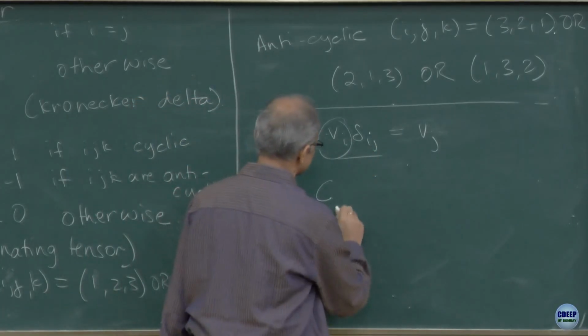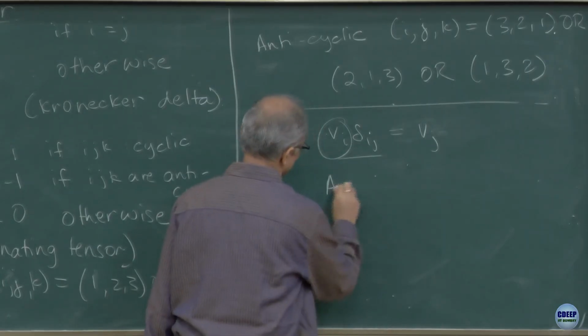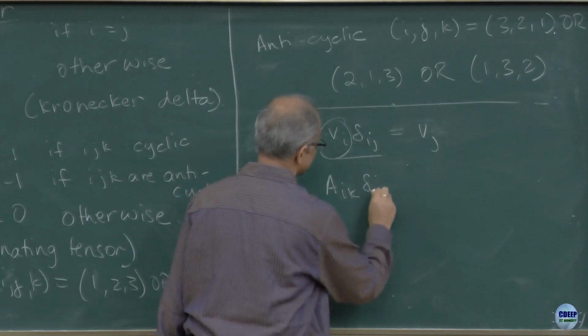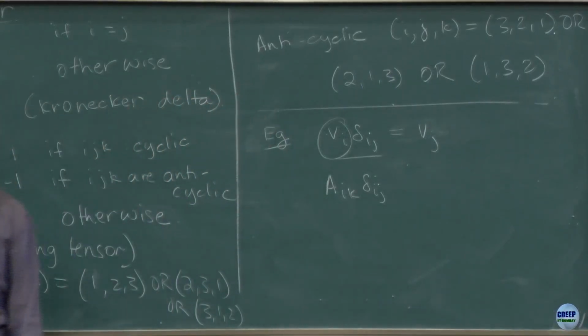So if I take any other quantity, not just C, let us just say A. So Aik and delta Ij. Now what will I get from here?